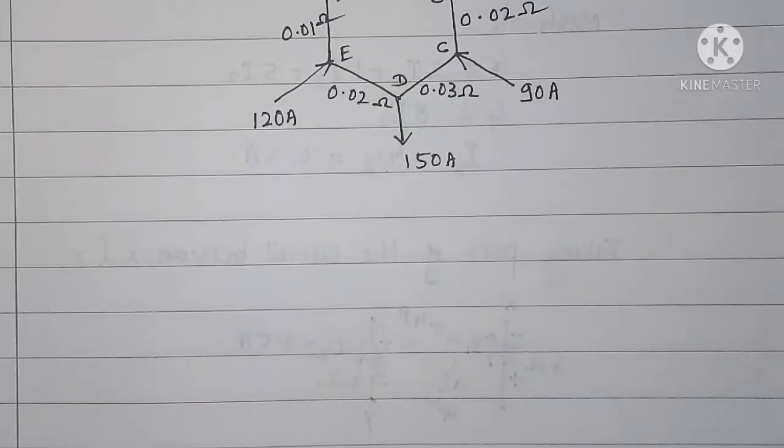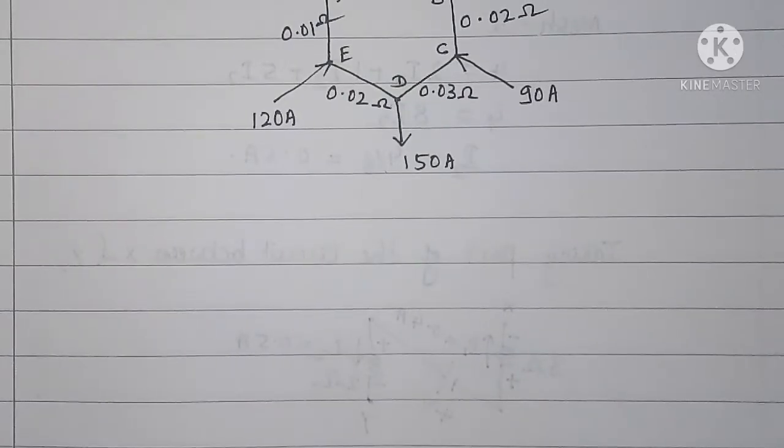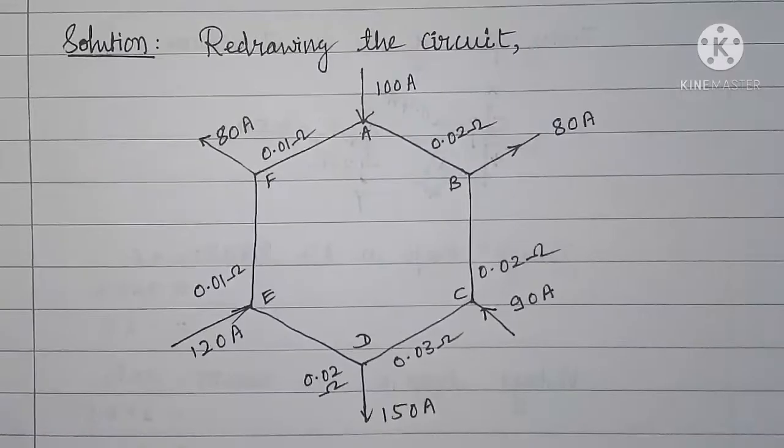First we will redraw the circuit and then we will make use of KCL and KVL to solve this problem. Now here is the redrawn circuit.